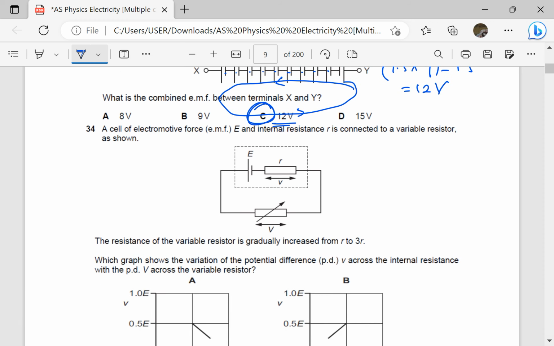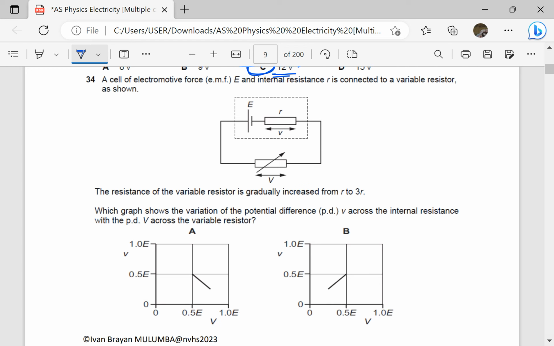A cell of e.m.f E and internal resistance r is connected to a variable resistor as shown here. The resistance of the variable resistor is gradually increased from r to 3r.